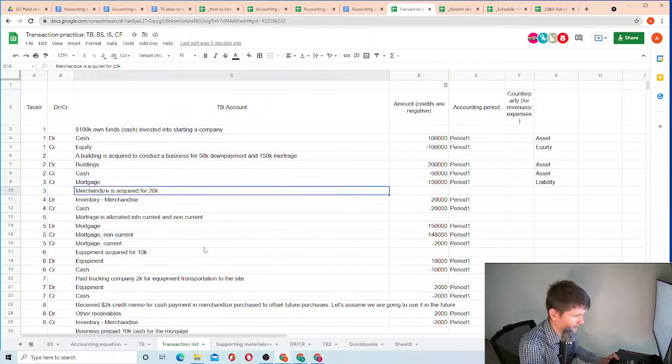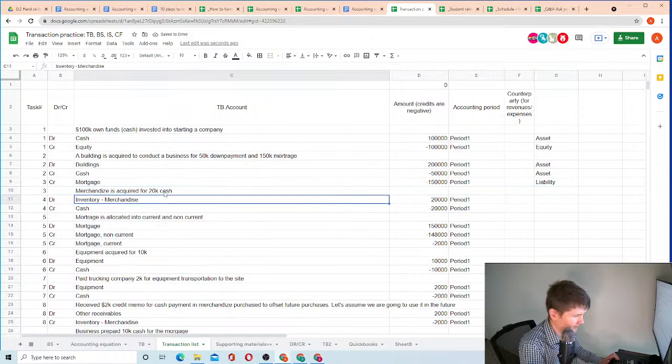The third transaction is about inventory acquisition. We acquire some inventory merchandise for $20,000, and we need to reflect that on our books. So obviously, let's add, for clarification, that we do that with cash.